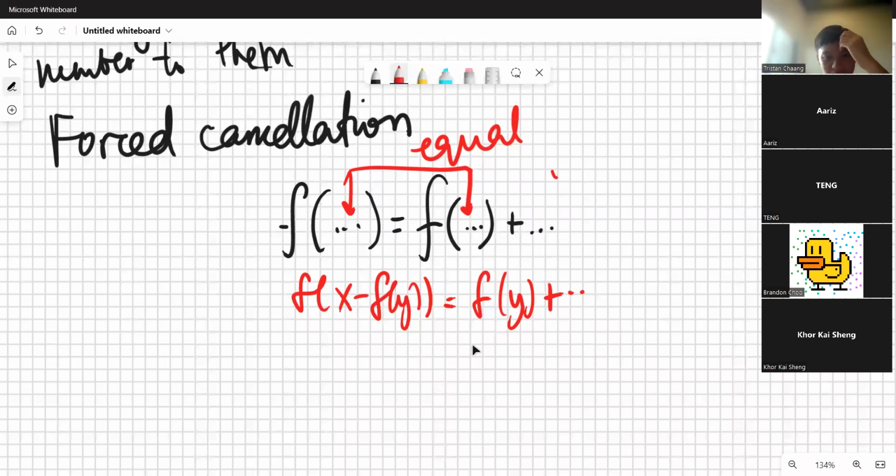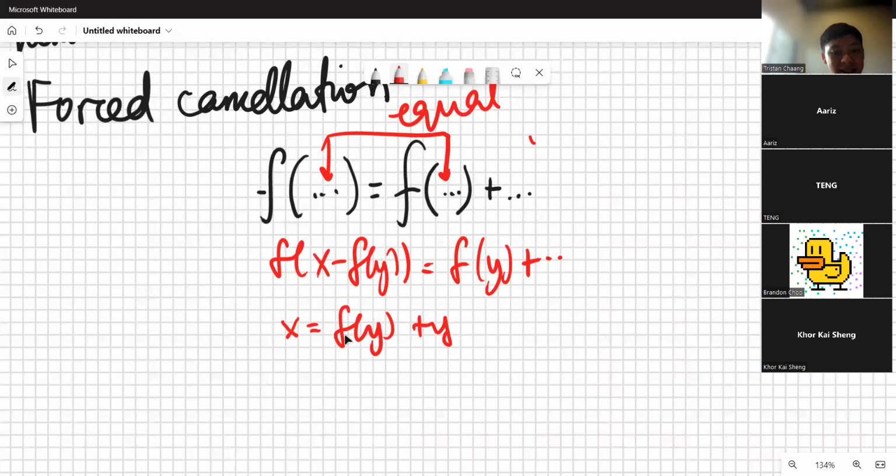Let x equal f(y). If you let x equal f(y), then this will be f(0) on the left, but on the right is f(y). So it doesn't really cancel both terms. But of course, in the actual question, you can probably do that and find some extra info. But the point here is that I can try to delete these two by taking x equals, yes, someone said f(y) plus y.